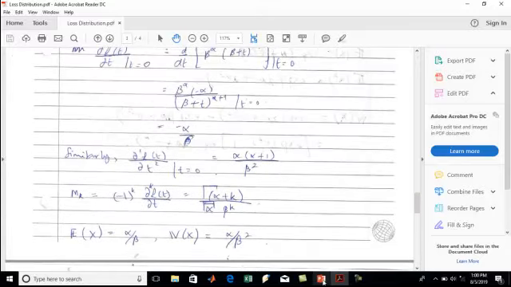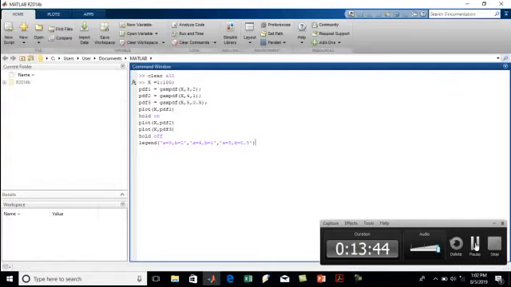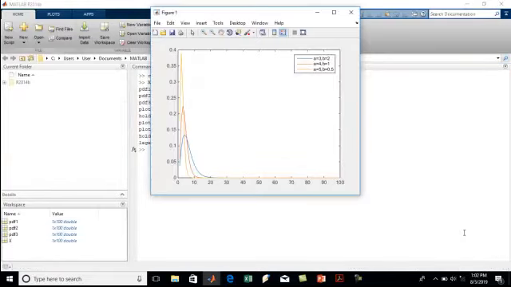So let's have a look at the gamma distribution graph I have drawn. When alpha equals 3 and beta equals 2, you have a blue shaped curve here.